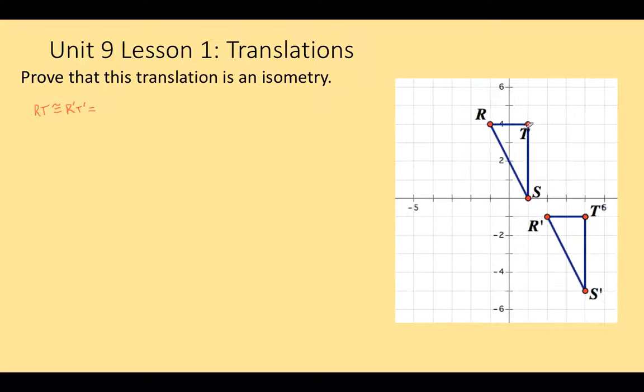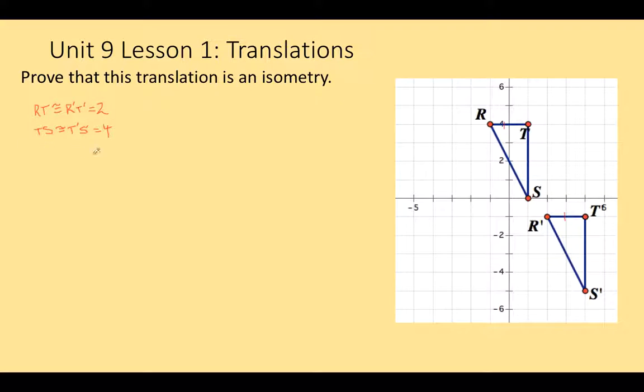We can just count those. All right, so we've got one side. Let's do the next easy one. We can say that TS is congruent to T prime S prime, and these are both equal to 1, 2, 3, 4.